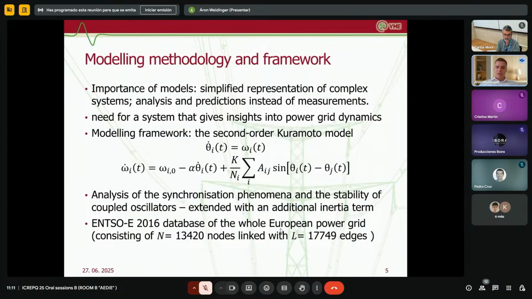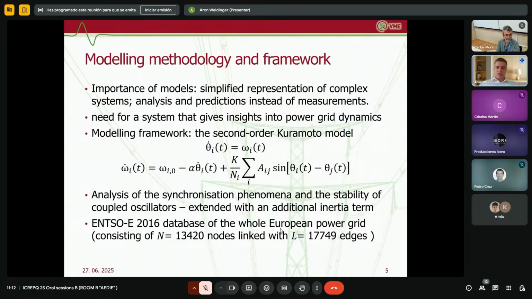And to explore these ideas safely and systematically, we need models, of course. Our goal was to analyze system behavior under different configurations without relying on real world measurements, which are often also impractical or risky.